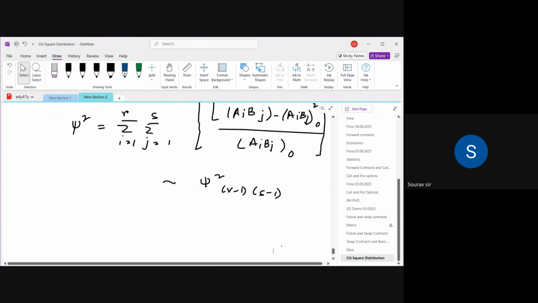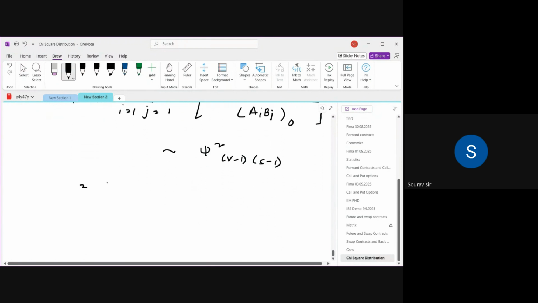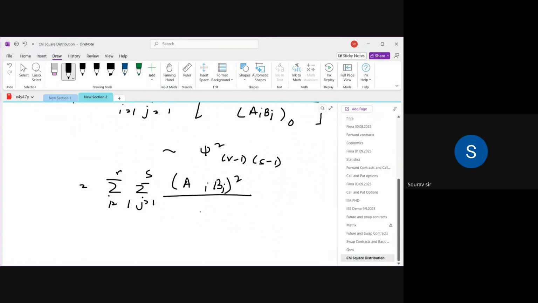That is equal to summation i 1 to R, j 1 to S of AiBj squared by AiBj 0, minus n.